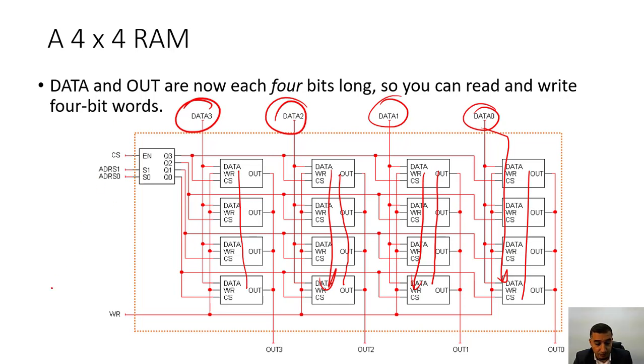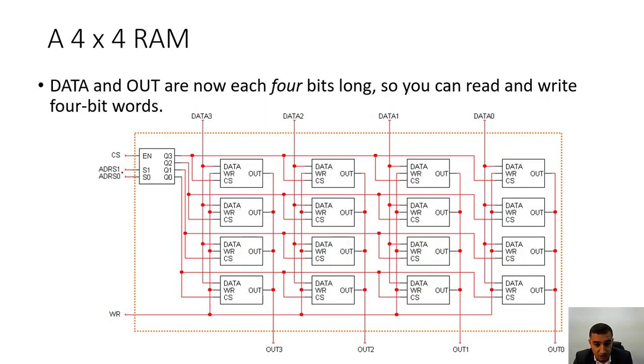Chip select for the whole IC is connected to the enable over here. The WR line is connected to all 16 cells. You can trace it here. You can see that WR is connected up here to here, here, here, and here.